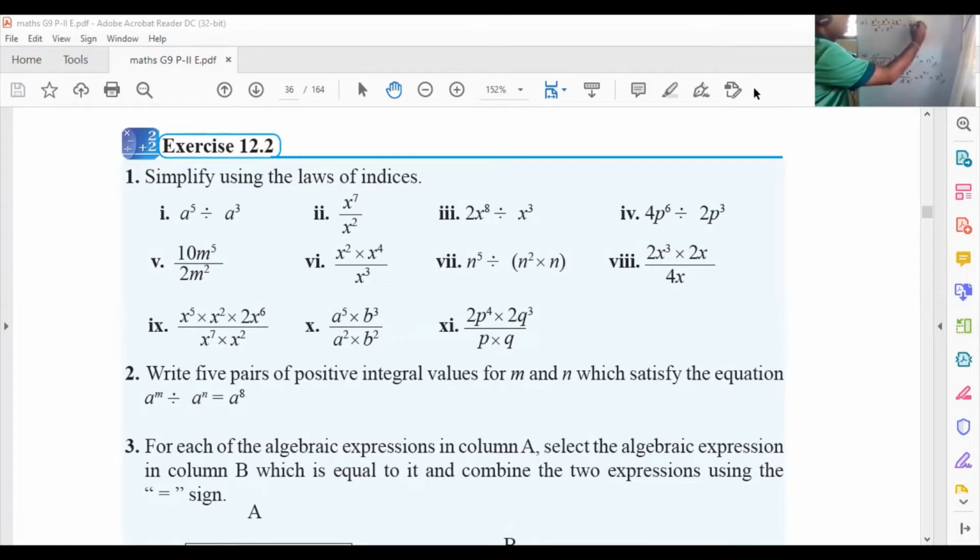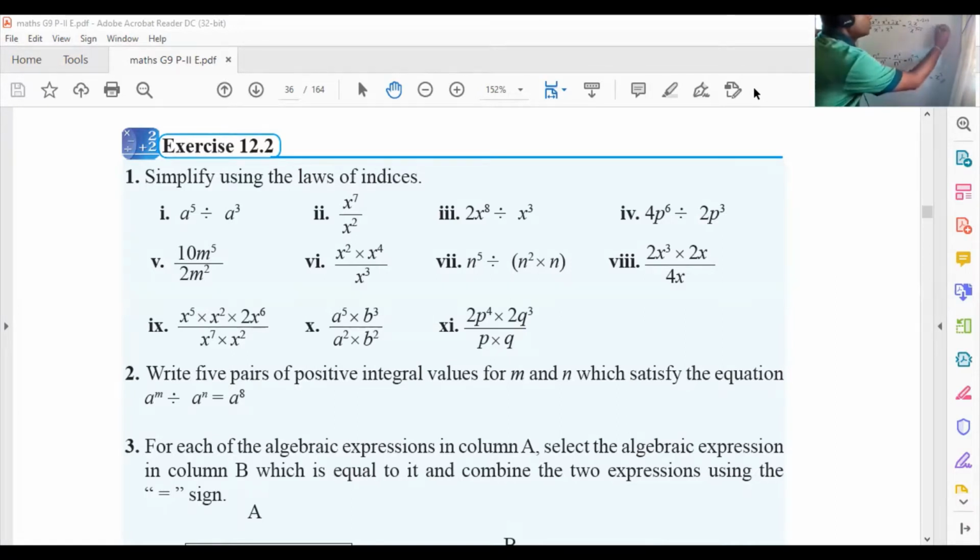X to the power 5 add 2 add 6. When multiplying same bases, indices should be added according to the laws of indices. Here also multiplication, therefore you add them, it is 9. Or you can say 2 plus 7.